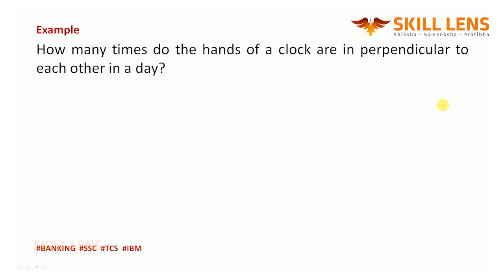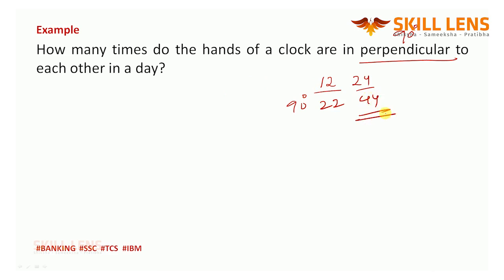Let's try to solve one more question. How many times are the hands of a clock perpendicular? He may not give you the degrees. Perpendicular means 90 degrees. In 12 hours it's going to be 22 times. So in 24 hours it's going to be 44 times.